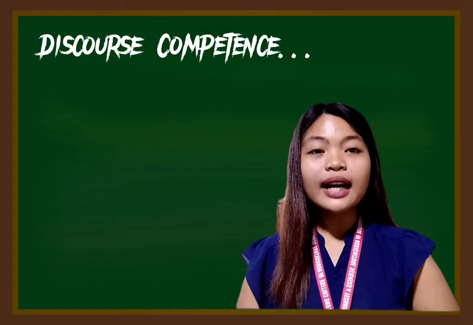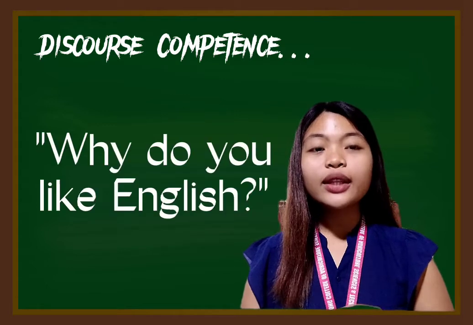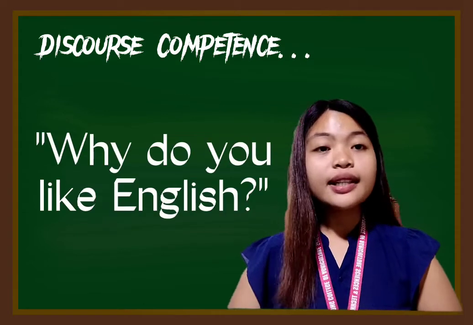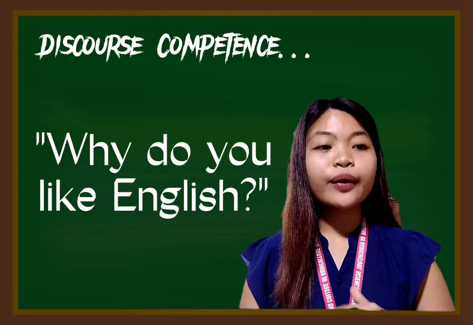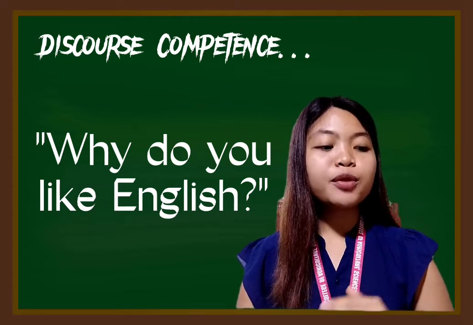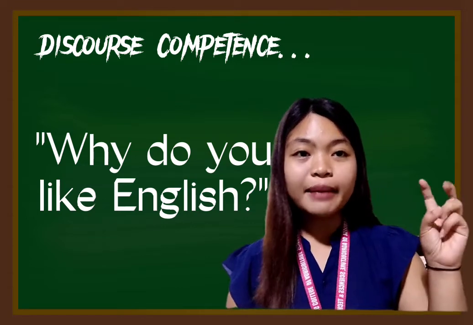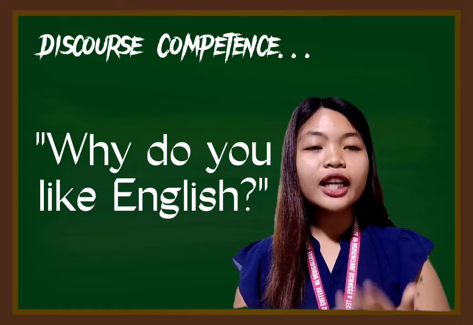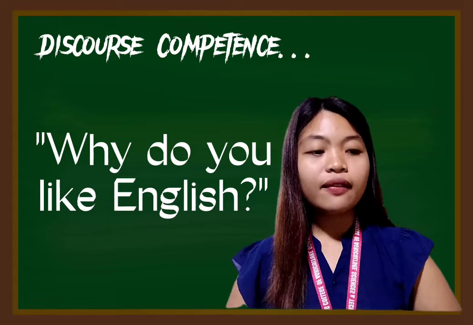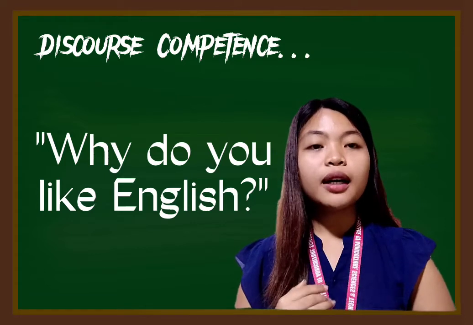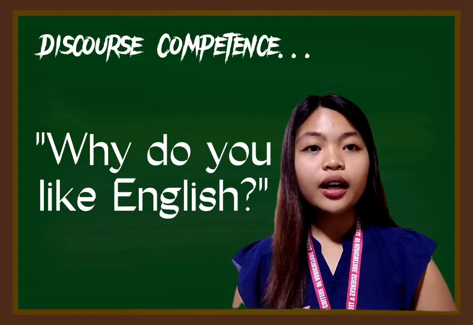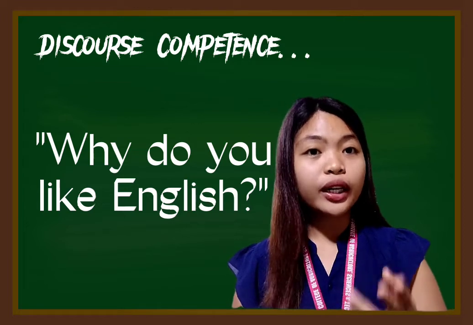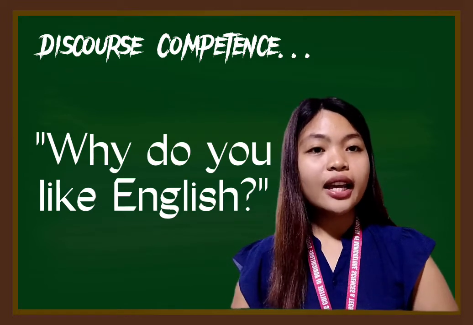For example, when you are asked to write an essay answering, why do you like English? This is a big question, and in order to answer it, you have to come up with an idea or create a topic sentence. This topic sentence will highlight your salient point in answering the given question. You can also have one or two paragraphs of supporting ideas that will support the topic sentence, and a conclusion.